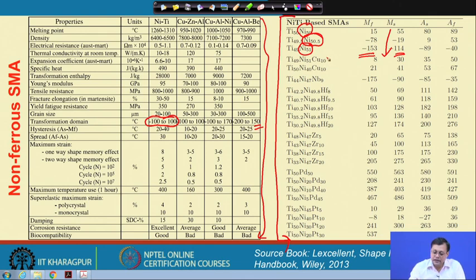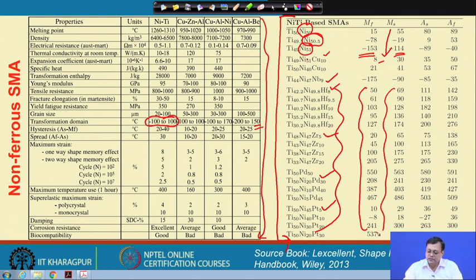Whereas, if you replace nickel with some amount of copper, then we can get a much lower MS. Niobium, hafnium, zirconium, palladium or platinum are some of the elements that can replace part of the composition, so that we can tune the martensitic transformation temperatures quite widely. For example, in the titanium-palladium system we can reach up to 550 degrees, whereas we can also go down to minus 175 degrees.